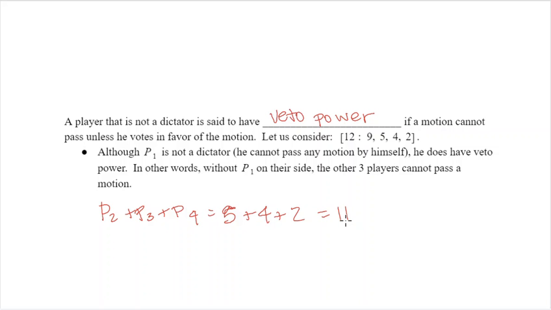They have to get player 1 to agree with them to be able to pass a motion. So when a player has enough votes that they have to be a part of the winning side, they are said to have veto power.